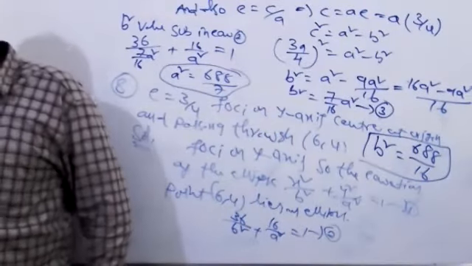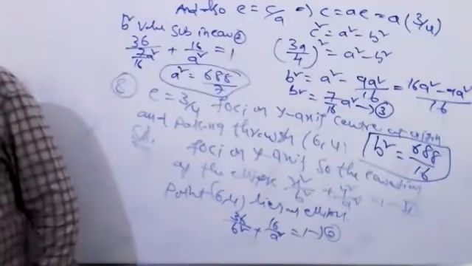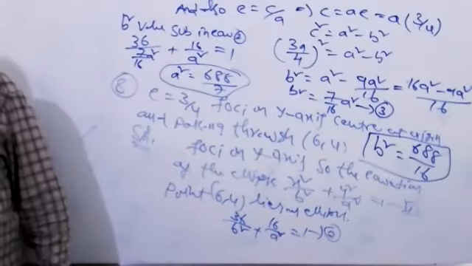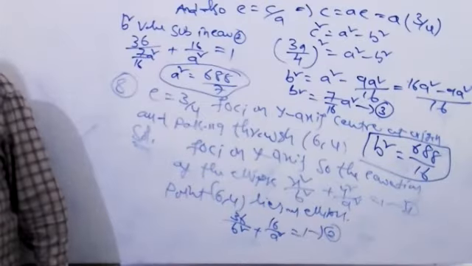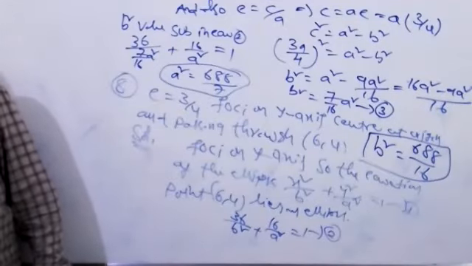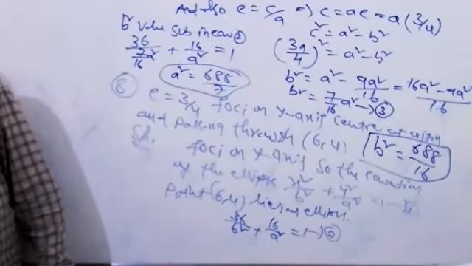Sir, I use e square is equal to 1 minus a square by b square. Is that fine? In the normal condition, e square is equal to 1 minus b square upon a square, right? But here it's along the y-axis, so a square upon b square.